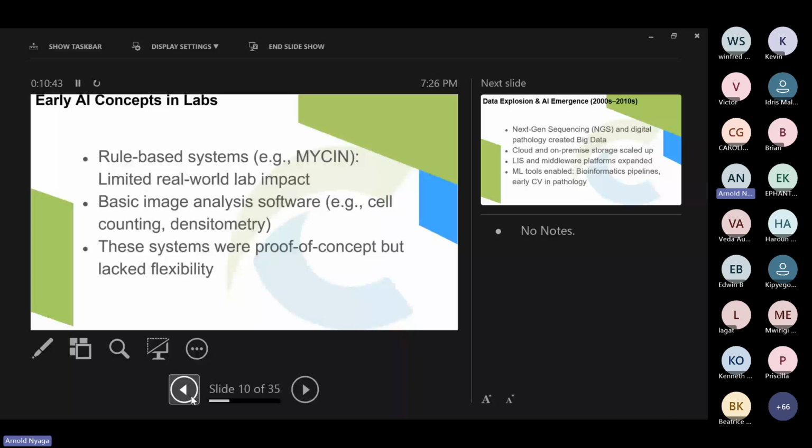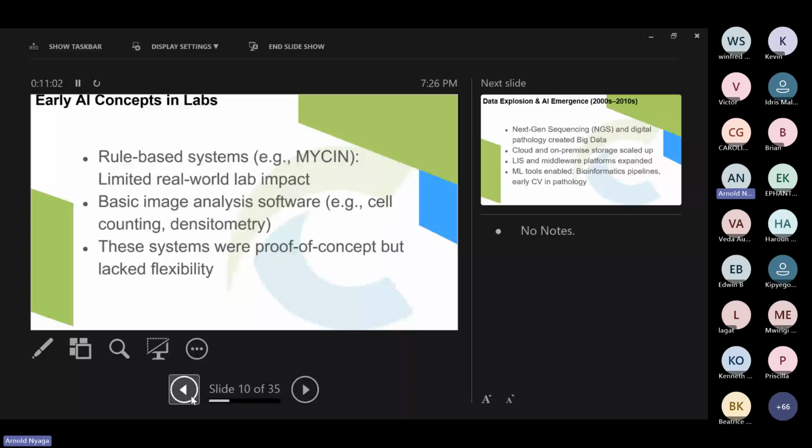Then cell counting and digital pathology started getting in. These systems were just proving the concept that these things can work.